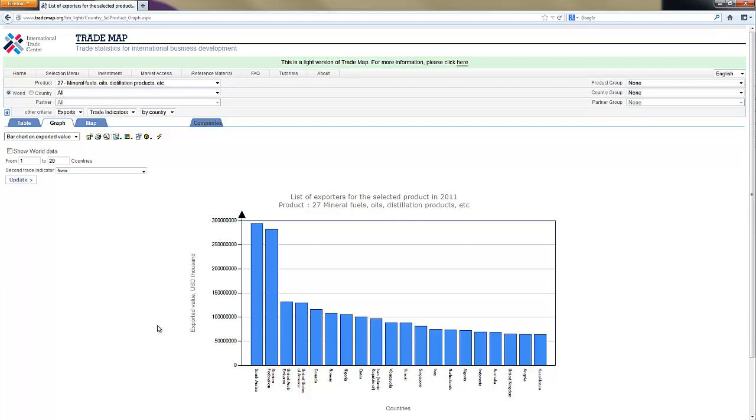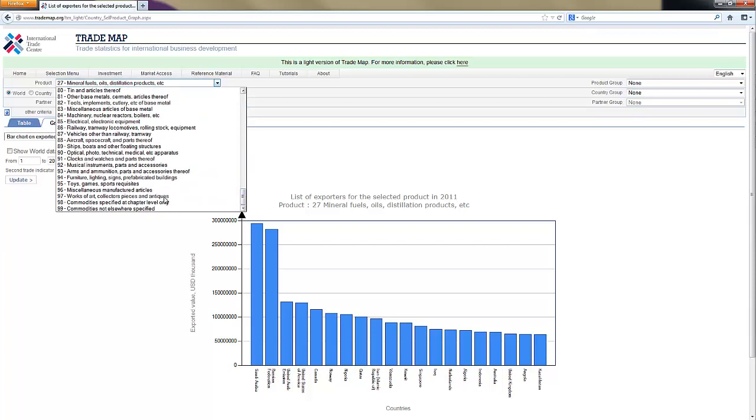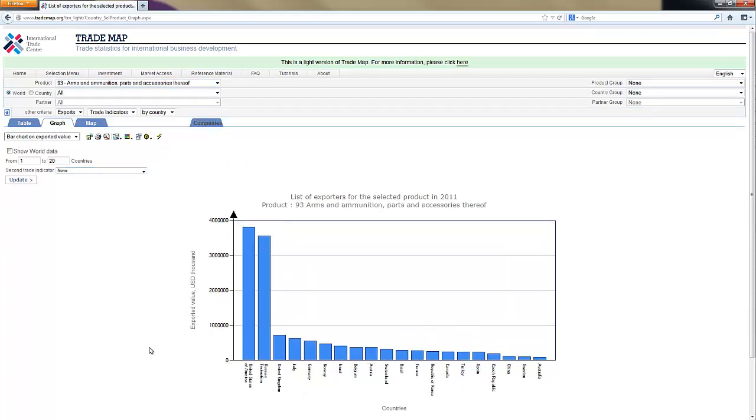So, is the U.S. a leader in anything? Well, of course. And let's think about it. What do we do better than anyone? Make arms and ammunitions and things in that product category. So let's see where we rank in there. So if we come down to arms and munitions, there we are. Guess what? We win.